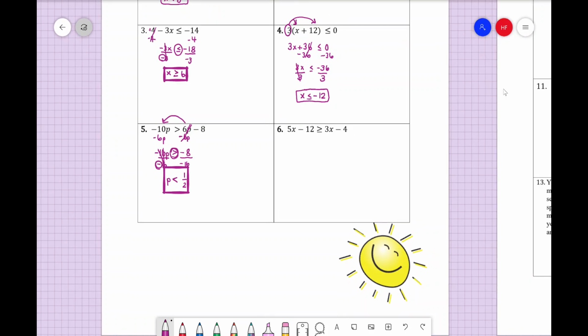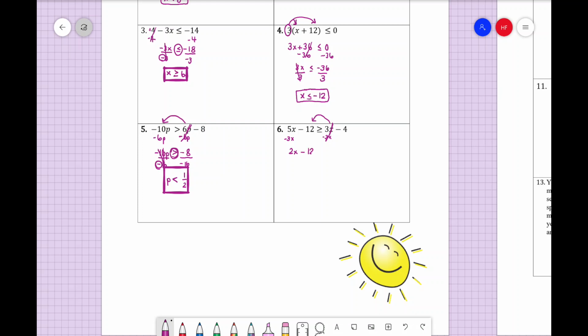Number 6, 5x minus 12 is greater than or equal to 3x minus 4. So I want to get this 3x to the other side, so I'm going to subtract it, since it's positive, from the x's. So remember, we only combine what can be combined. So 5x minus 3x is 2x.